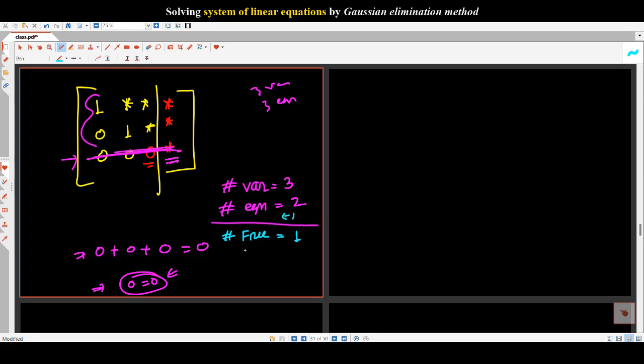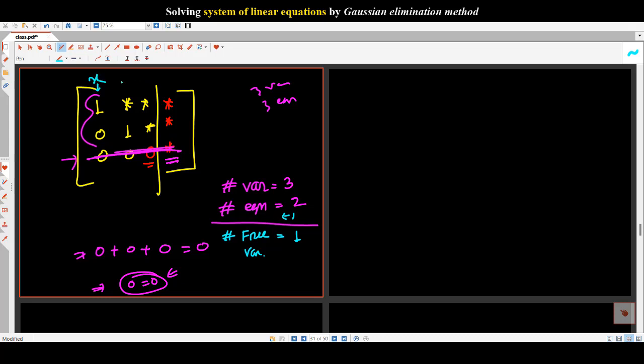So there is another definition here. What is a free variable? The number of free variables equals the number of variables minus the number of equations. It is the column that doesn't have any leading one. Have a look.